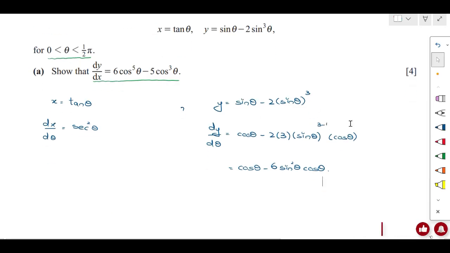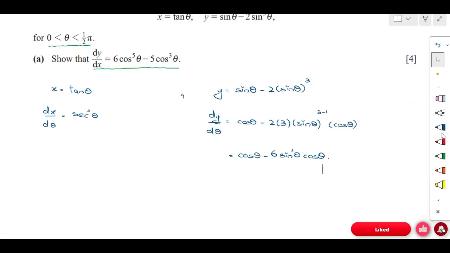Now let me apply the chain rule to get its derivative, right? Now for the chain rule, dy over dx is equal to dy over d theta multiplied by d theta over dx. Derivative of y with respect to theta, and for the derivative of theta with respect to x, we do the reciprocal.